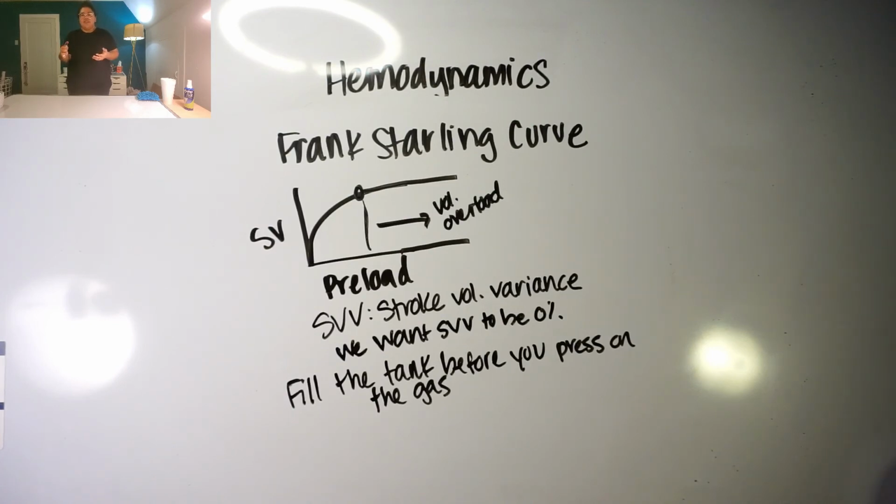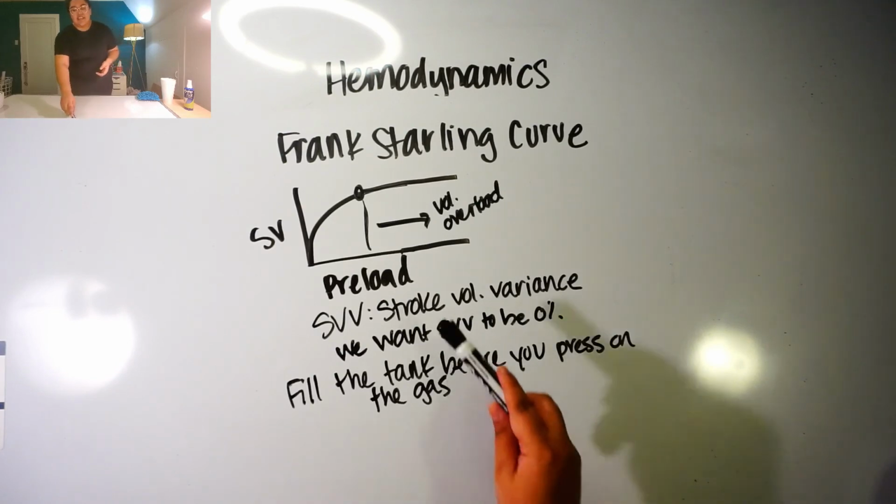If it's not improving with the small bolus, then it probably won't improve with the large bolus. But if it is improving, then give them another little bolus, and another, and another. Once it stops being effective, we need to stop, because then we're going to overload our patients, put them in pulmonary edema, and then they need to get intubated, and it's not fun. So fill your tank before you press on the gas.